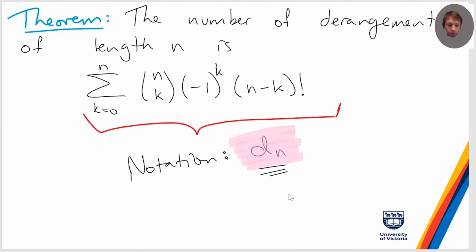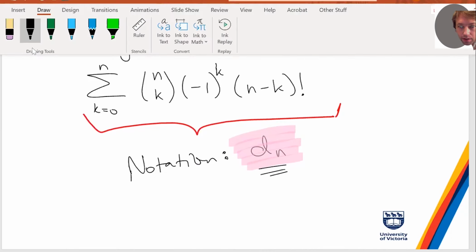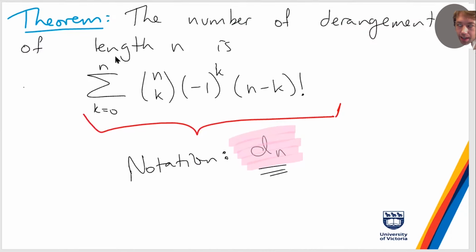Now you get a similar formula for the number of derangements, similar to the thing about surjections. This is a formula which I'll just state, and then I'll give you a proof. The number of derangements of length n is equal to the sum over k of n choose k, times negative 1 to the k, times n minus k factorial.